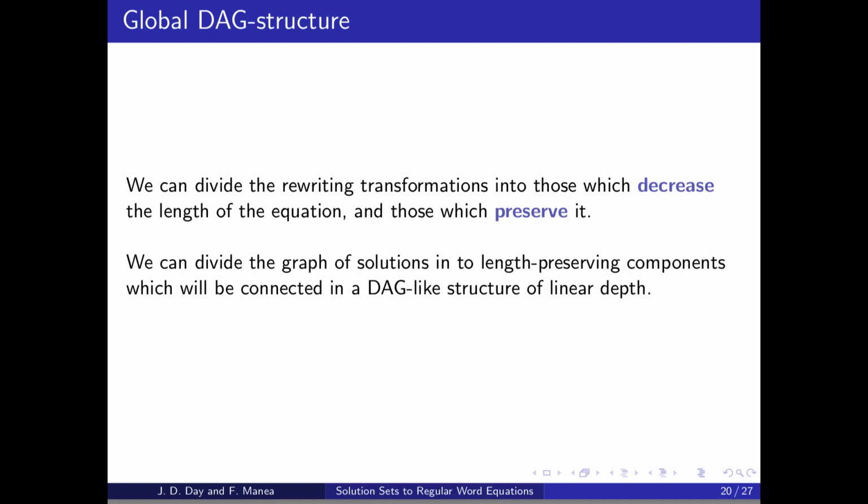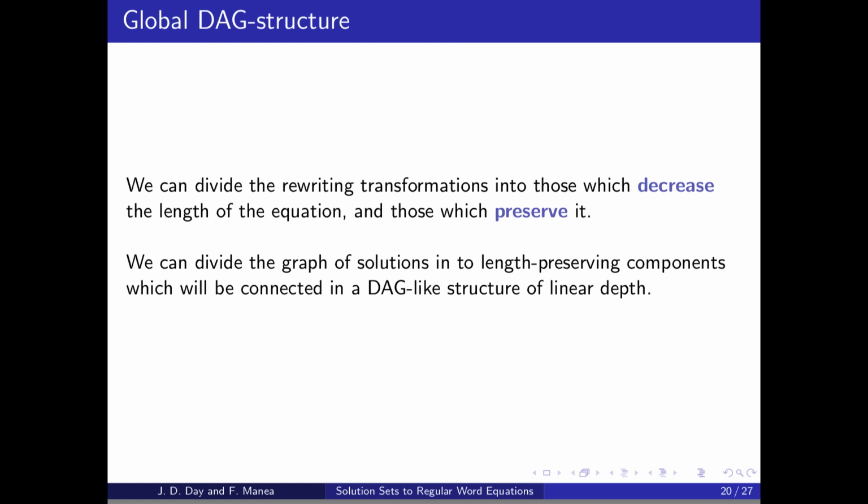So in order to understand the structure of these graphs, the first thing is to note that we can divide the rewriting transformations into those which decrease the length of the equation and those which preserve it. Then we can divide the graph of solutions into components consisting of the length preserving transformations, so equations of the same length.